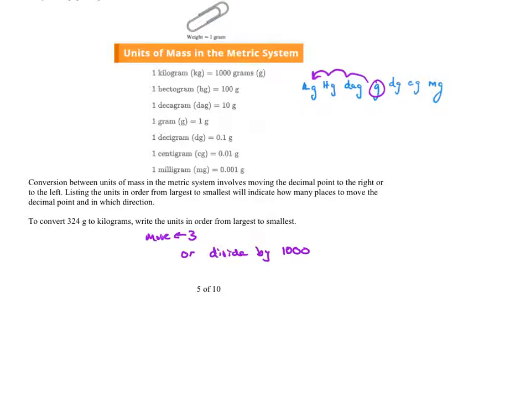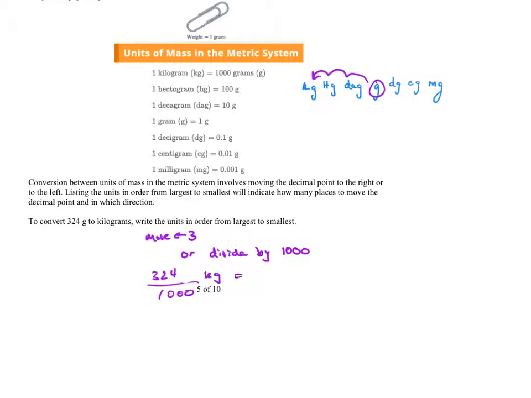Anytime you move left, you divide. Anytime you move right, you multiply by a 1 with as many zeros as it is. So if we started off with 324 grams and we divide that by 1,000, it's no longer in terms of grams. This would be in terms of kilograms.